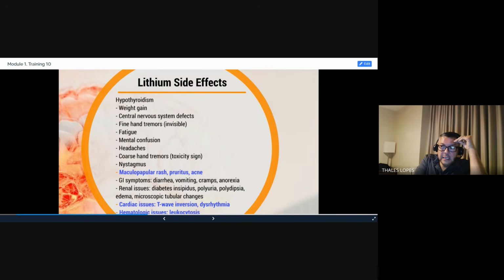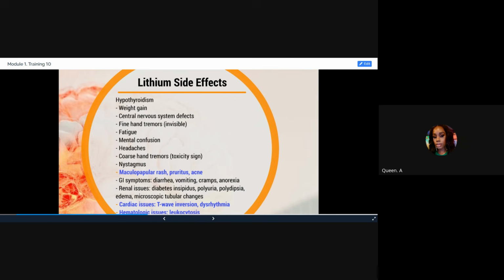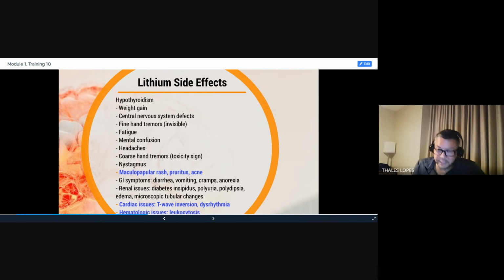Like, what are the mood stabilizers that are weight neutral, that don't cause weight gain? Anybody remember? Is that Lamictal, right? High yield. Which mood stabilizer has the least weight gain? Lamictal.